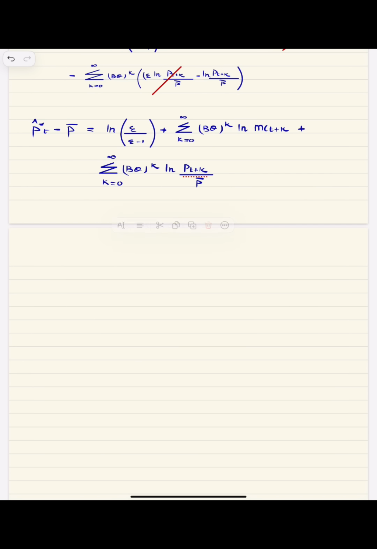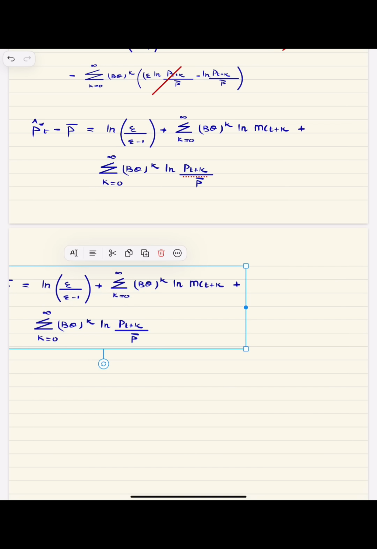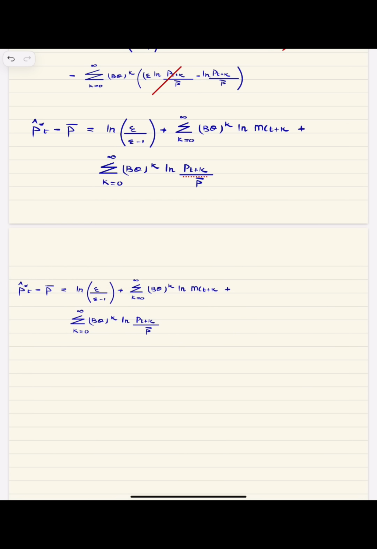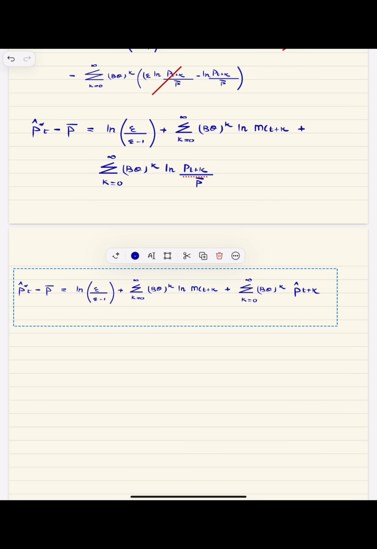Let me copy paste it here. The point of doing all of this was that we wanted to log linearize around the steady state, right? It's a t plus k. So I want to write what this equation will look like in the steady state.